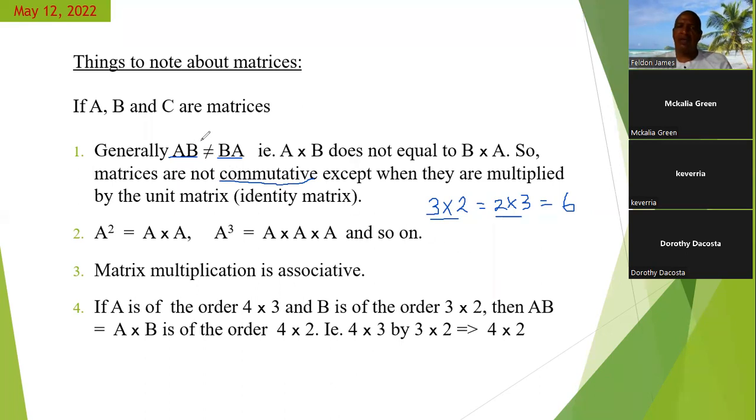What you can say about the commutative property of matrices is that matrices are not commutative, meaning that when you start off with the matrix A times the matrix B, you don't get the same result as when you start off with the matrix B times the matrix A. So that's something to bear in mind.